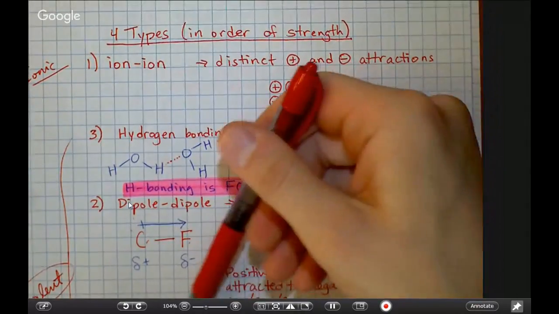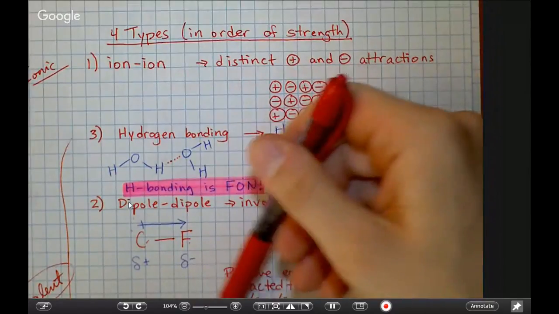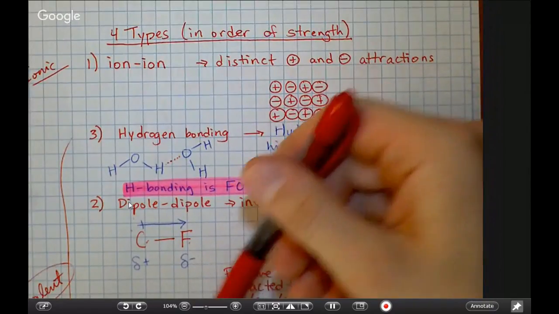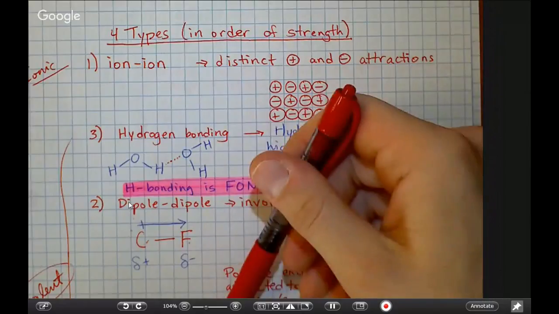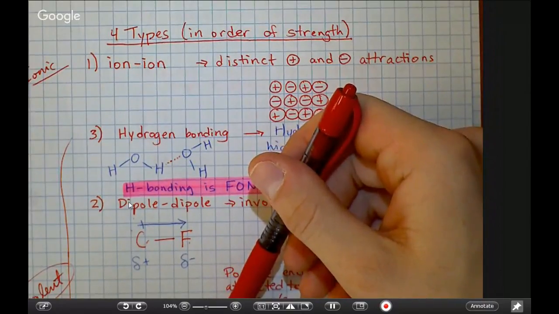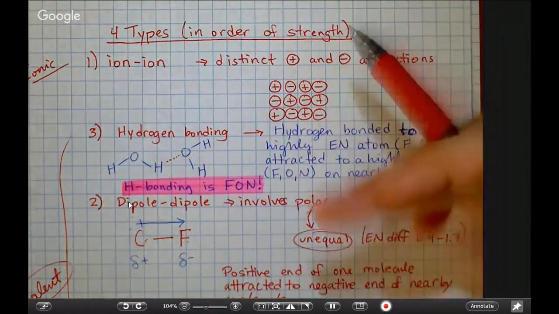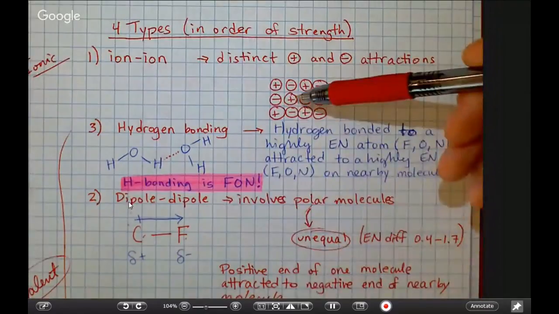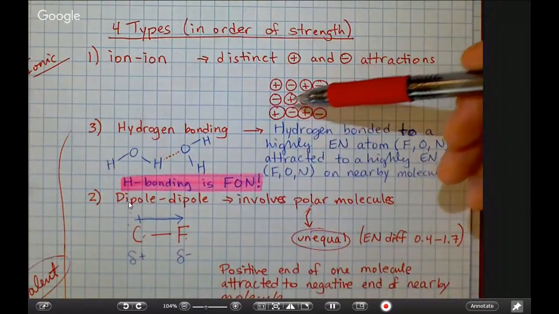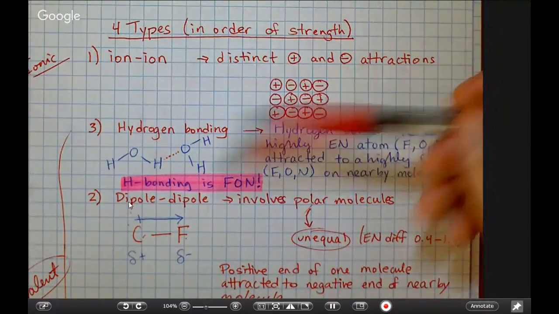Keep in mind, there isn't an actual bond here. It's just an attraction between negative and positive. Okay, are we clear on the idea of the attraction? It's not a real bond, it's just an attraction between negative and positive or opposite charges. With ionic, we had actual distinct charges, like legit charges.